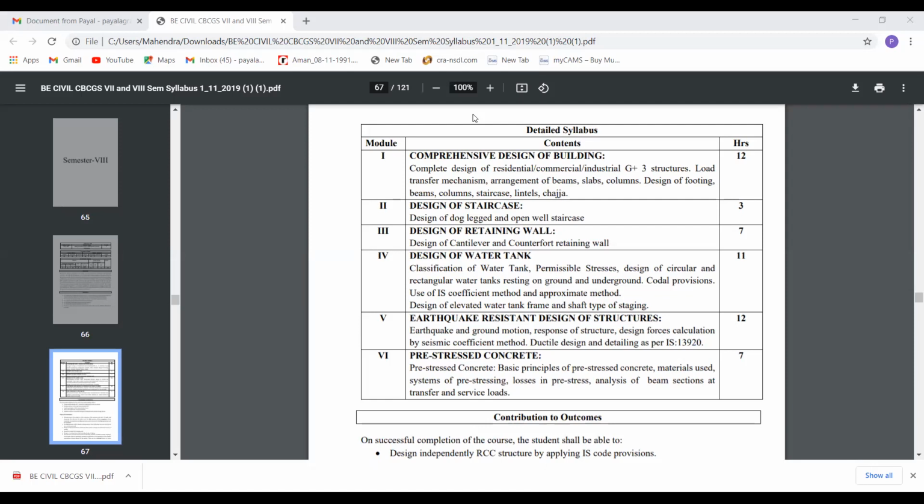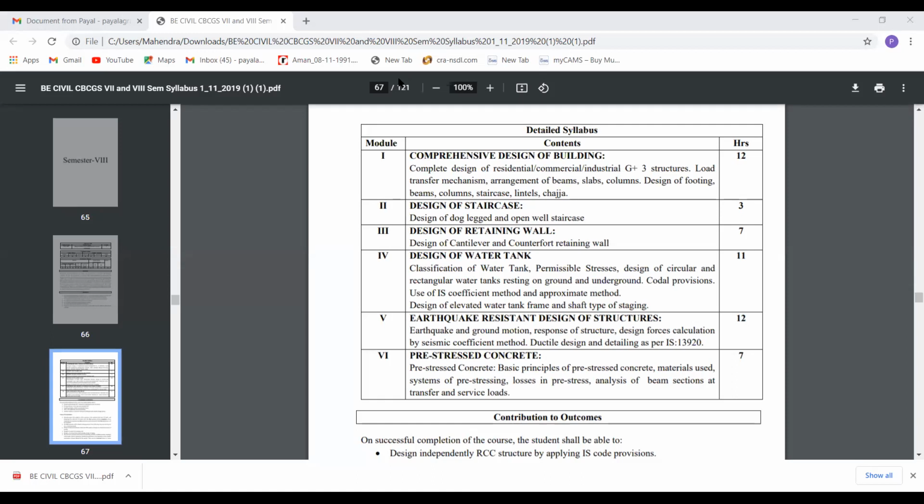And the last module, that is module number 6, is your pre-stress concrete. In pre-stress concrete, we are going to study the basic principles of pre-stress concrete, as well as the different materials used for pre-tensioning as well as post-tensioning, and we are going to see the different losses in the pre-stress.